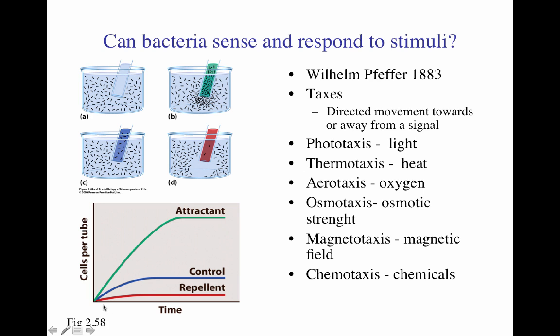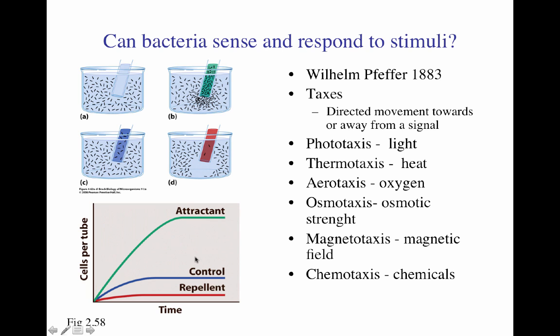As you can see, with time in the control, the number of microorganisms moving in through random motion goes up, but at a certain point it reaches a plateau because no other microorganisms are going in and out. There is no reason for them to be attracted to the control.